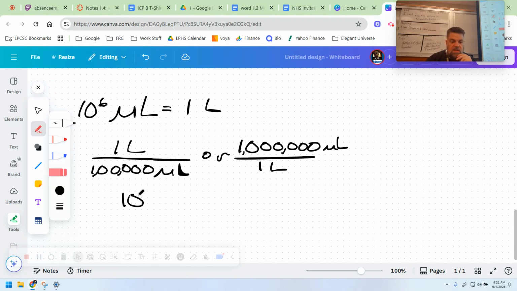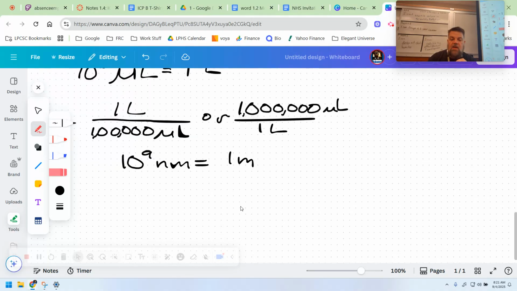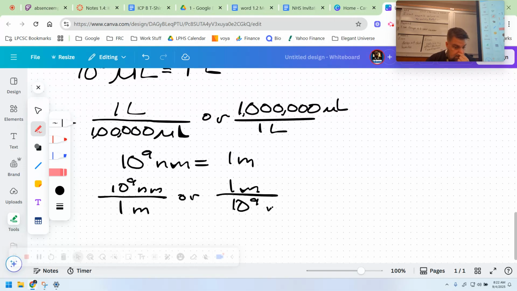And the last one is 10 to the 9 nanometers is equal to 1 meter. Now I'm not going to write out 9 zeros, so I'm just going to say 10 to the 9 nanometers. I know my 9 looks like an A, that's the number 9, is equal to 1 meter, or 1 meter is equal to 10 to the 9 nanometers.